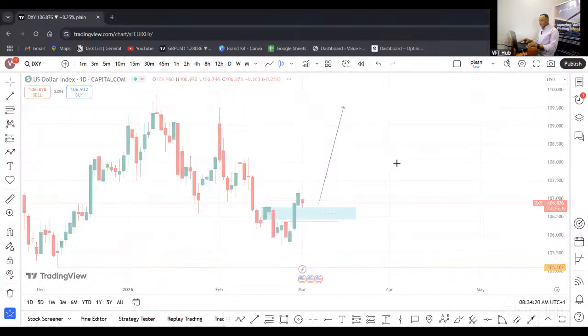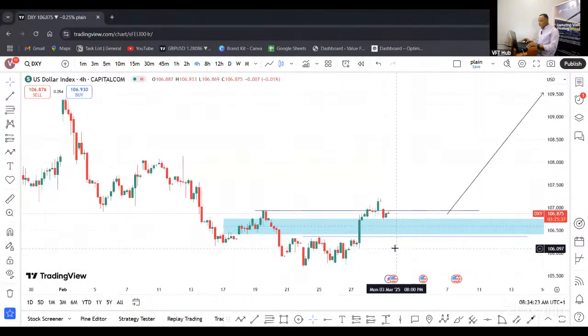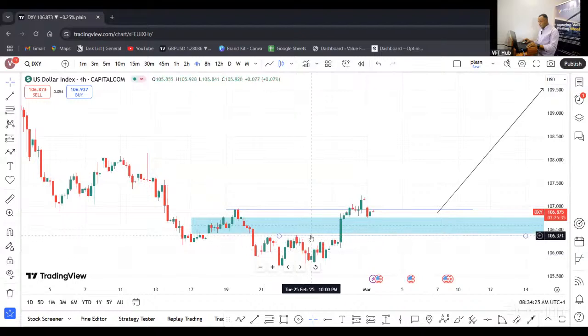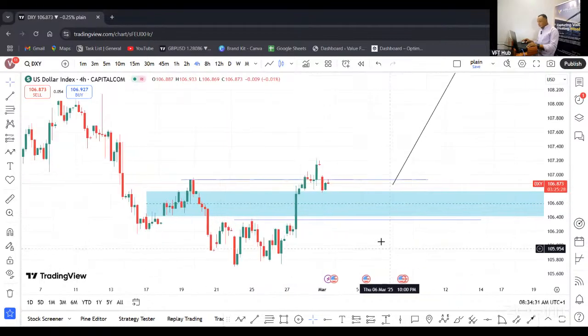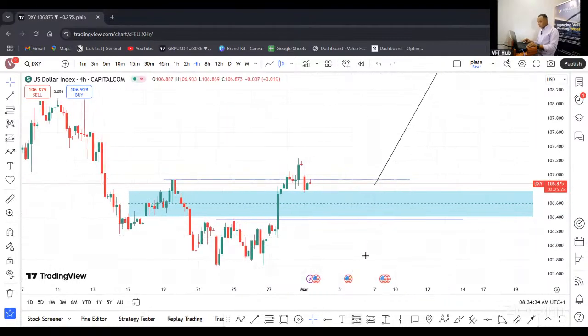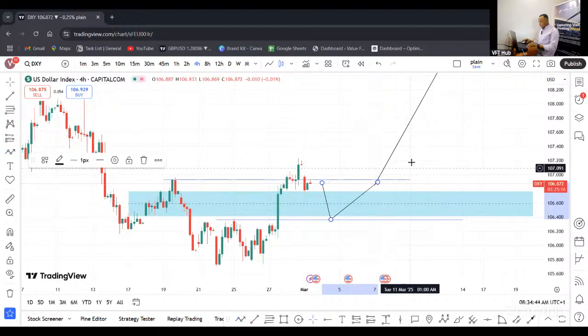If you also look at the 4-hour time frame, it gives you a more detailed analysis of what happened. You can see the first break of structure here on the 4-hour time frame and the second break of structure here. So for this week, starting off from today being Monday, we might see the dollar index trade into this discount region, and then this mitigation block right here, before trading higher.